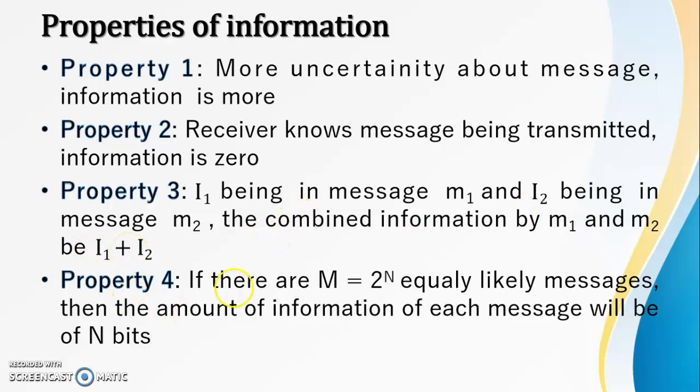And fourth one is, if there are M equals to 2 to the power n equally likely messages, then the amount of information of each message will be n bits. Equally likely message means the probability of occurring of all the messages will be same.